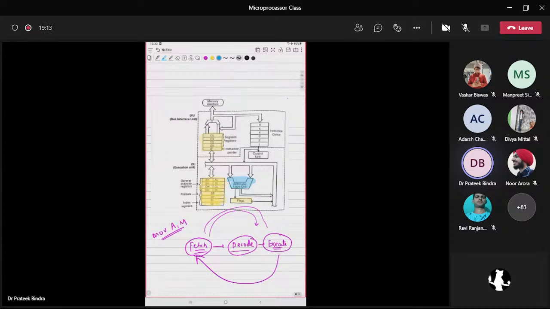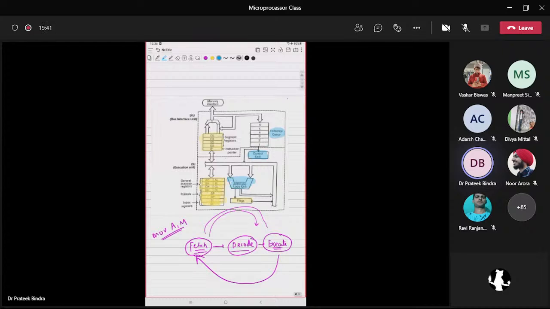Fine. Then you have one control unit. So the control unit decides what kind of operations you want to perform. And the one extra thing coming here, which we will discuss today, is this instruction queue, right? So we will see this instruction queue, but the rest of the blocks, I guess you can now understand what they basically mean.